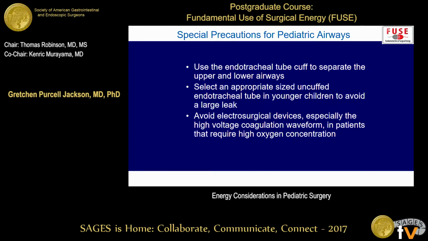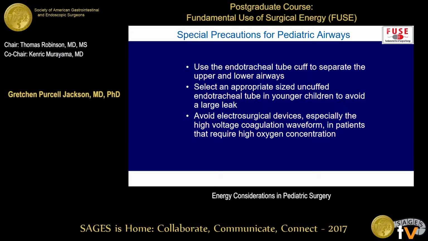Now, we've talked a little bit about operative fires, which is the extreme thing that everyone wants to avoid. The small airways that occur in infants and children, or maybe some of your patients who have smaller airways due to disease, reconstruction, or stenosis, are set up for operative fires. You're putting together combustible materials and an oxygen-rich environment in a very limited space.